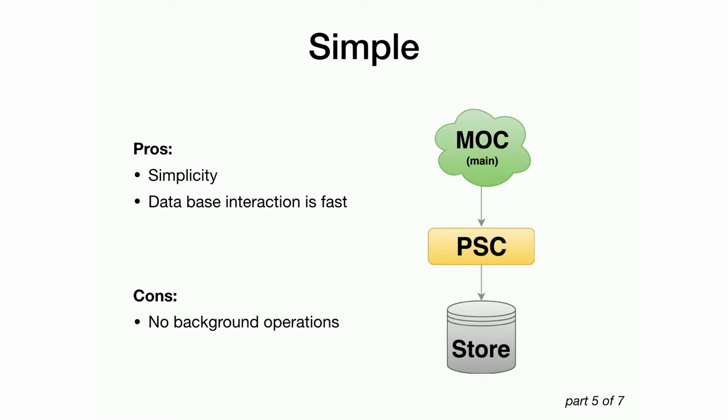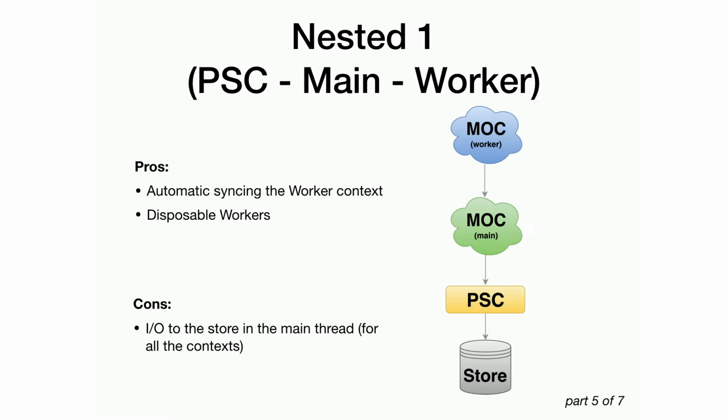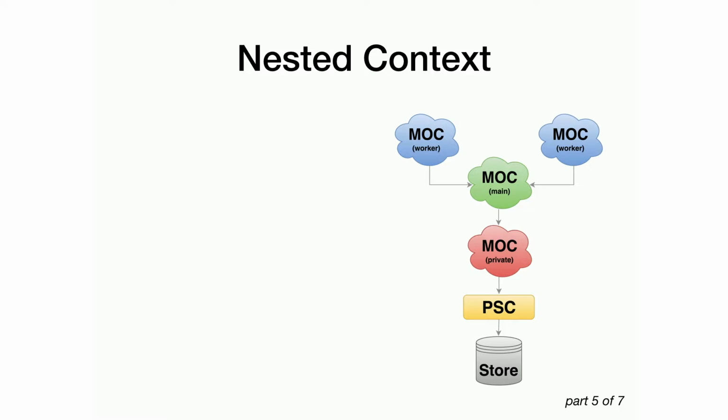To extend our stack with background context, we have basically two options. One is sequential chaining of the contexts, and another one is connecting them in parallel. Let's start with sequential chaining, the so-called nesting context. We can skip some models, and let's talk about this one because it's completely production ready. A lot of people use it.